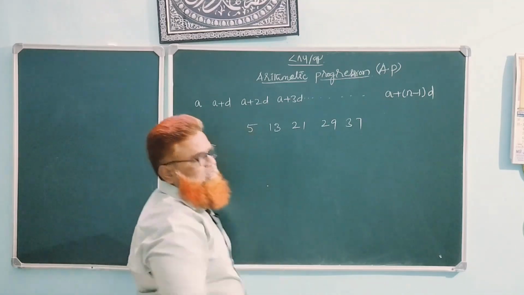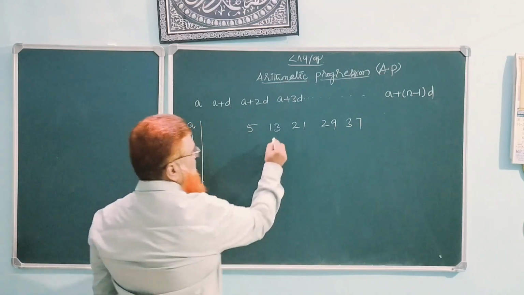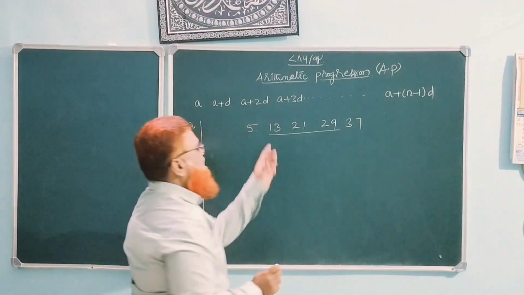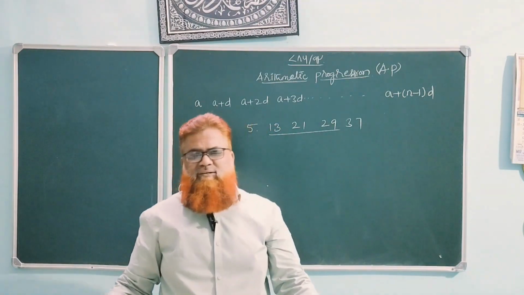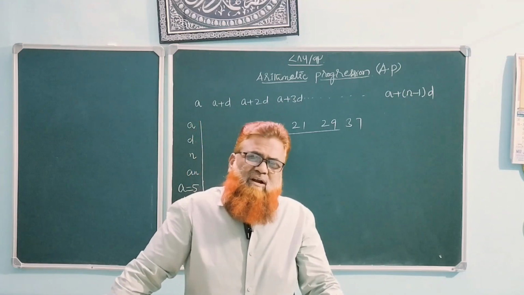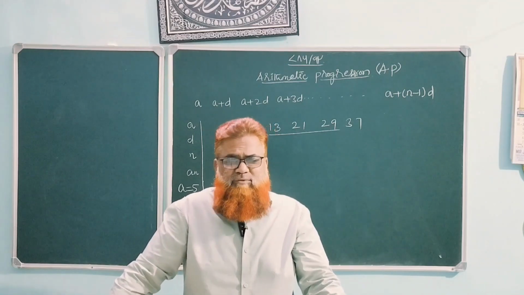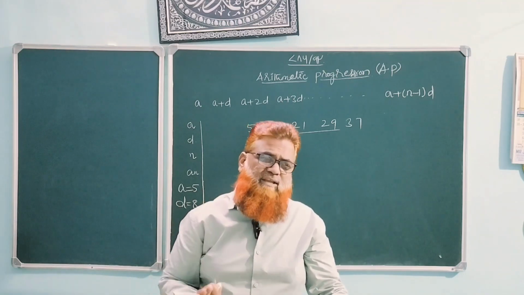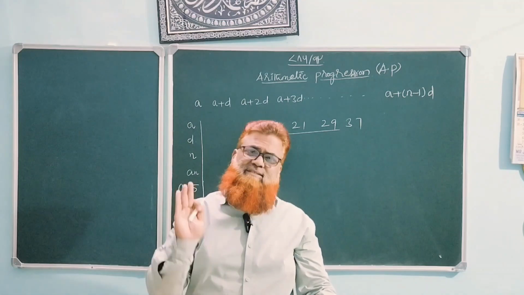We know all the middle terms between 5 and 37: 13, 21, 29. It is a common notion that we call the first term a, but literally, a is not exactly the first term.